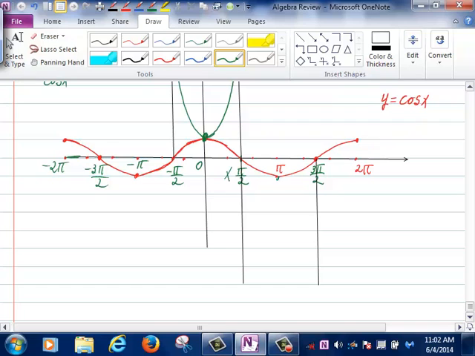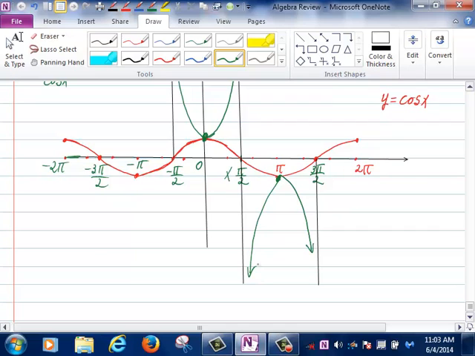Secant of pi would be negative 1 as well. And then when x is close to pi over 2 on the right side of pi over 2, now cosine is 0 but negative. So now you get this. And you keep doing that for all the other intervals. Am I making sense? Is everybody okay with that?